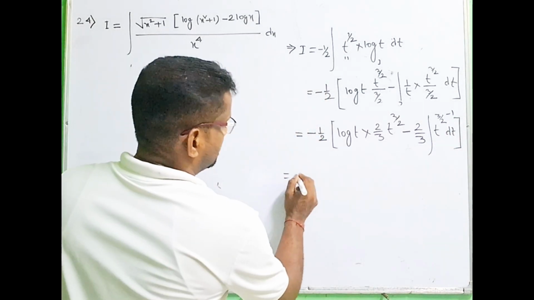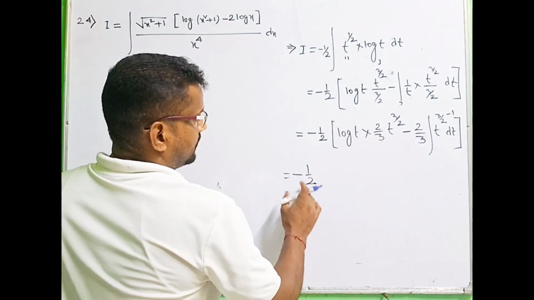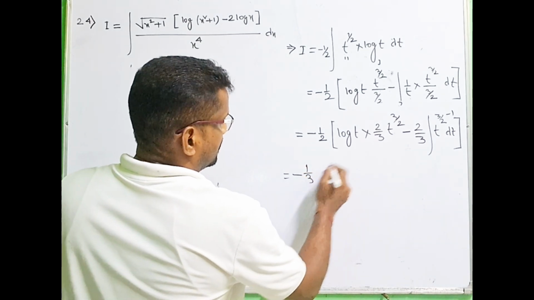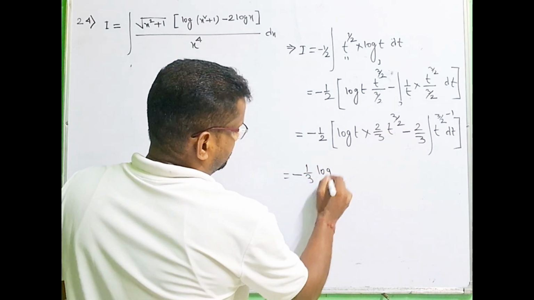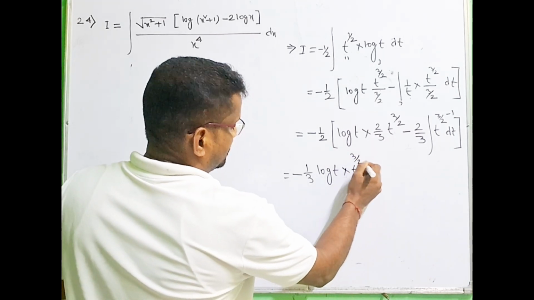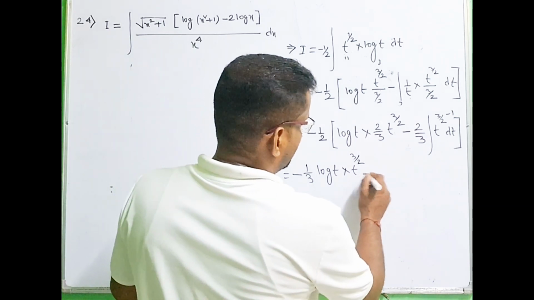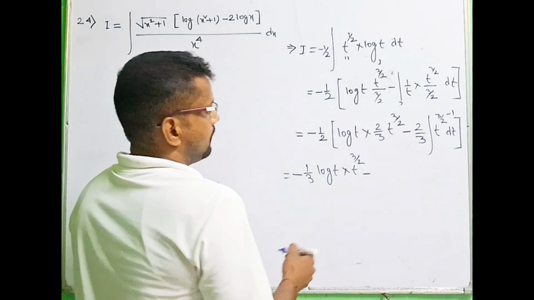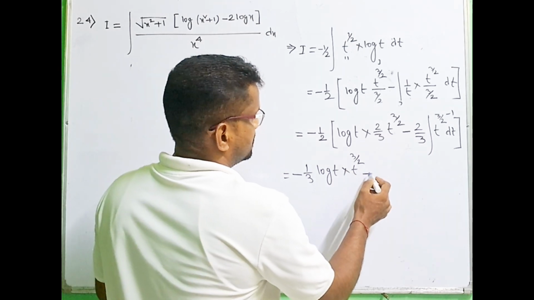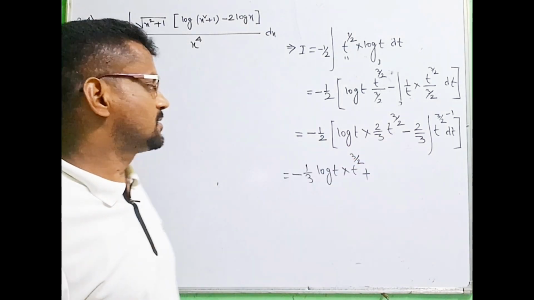Then minus half, and this is 2 by 3, that is nothing but minus 1/3 of log t into t to the power 3 by 2. Then minus, and if you multiply this, then it is your plus, here it is your plus sign will come, minus and minus plus.